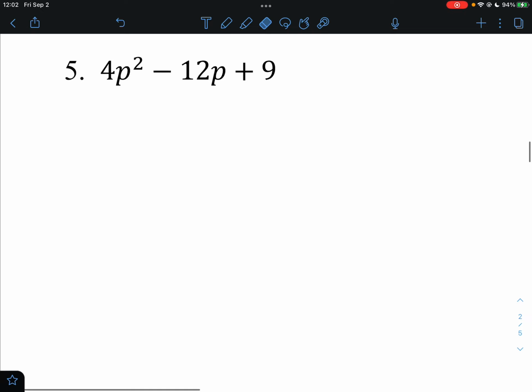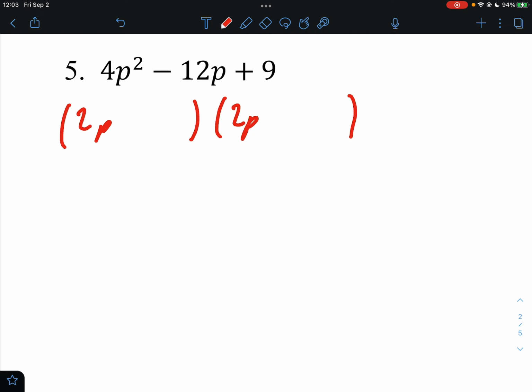Here's another one. There is no GCF here. Let's see if we can factor this. Now, 4p squared, you're either going to do 4p times 1p or 2p times 2p. Let's start with 2p times 2p.